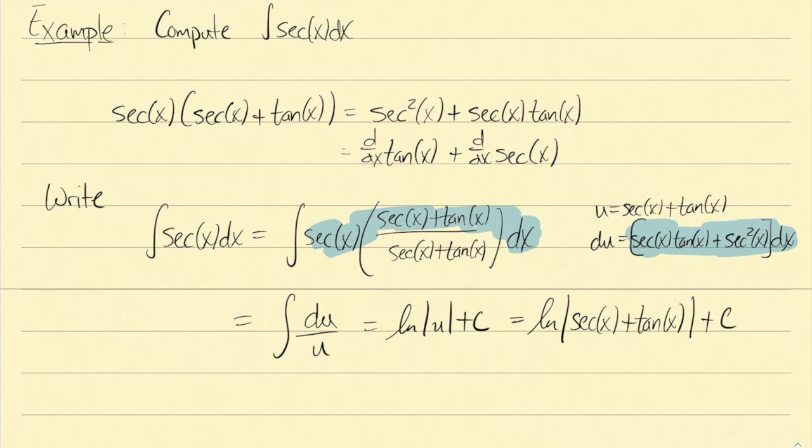Cosecant works very similarly, except instead of using secant x plus tan x, you're going to use cosecant x plus cotangent x. The trick is exactly the same. That is all the information that we need. Everything else is just using all of the rules that we've learned in this new context.